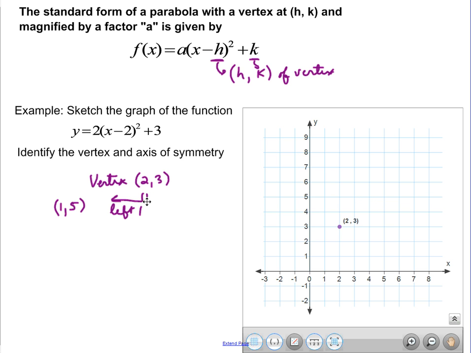If we went to the right along our x-axis by 1, that means that we are at the x-coordinate 3. What happens at 3? Well, again, I'll illustrate it this time by substituting into the equation. y is going to be equal to 2(3 - 2)^2 + 3. And of course, this is y = 2 times 1 plus 3.